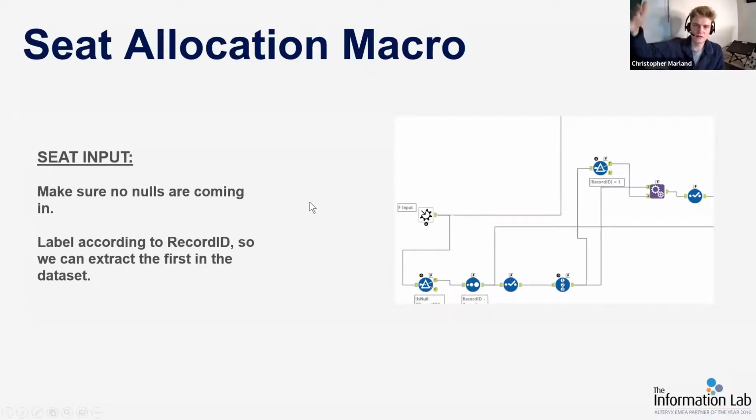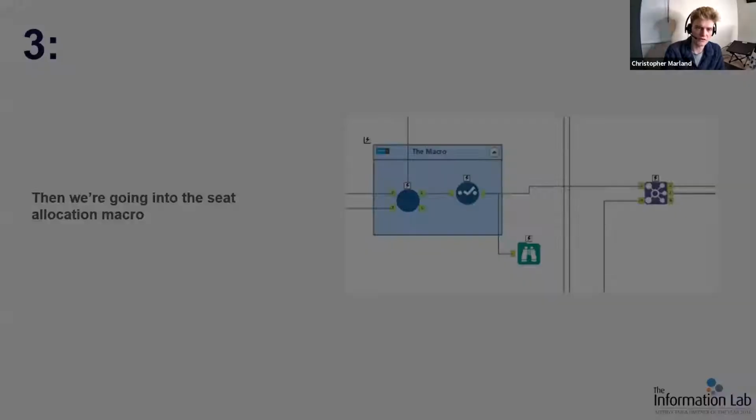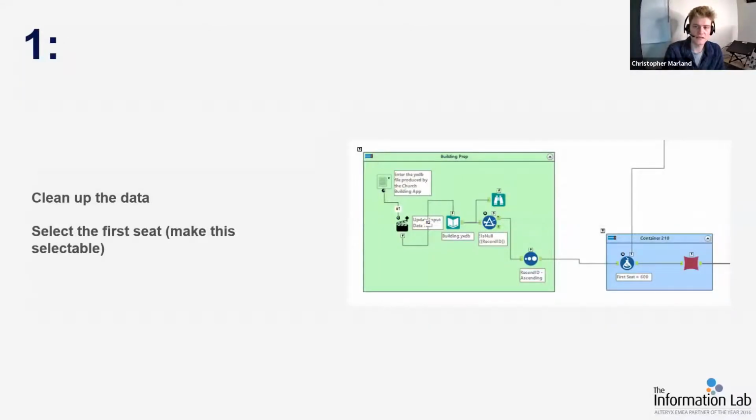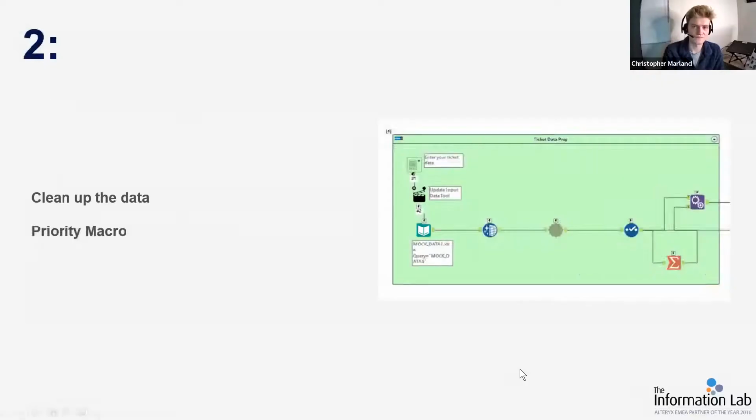In fact, I forgot to mention, if you see this purple macro here, and I should have said this, sorry, it's looking at that first seat and calculating the distance between every single other seat and that seat, and then ordering according to that. So you want that first seat to be number 1, but that's not relevant unless the seat next to it is 2 and the seat next to that is 3, etc. So that was really important.